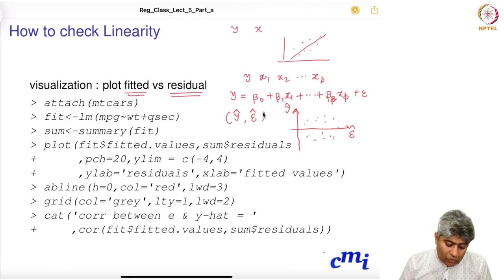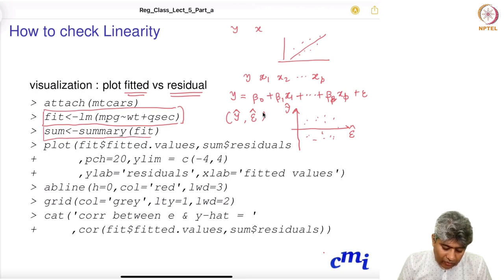So what we have done is first fit the model using the lm function, remember, and then we ask for the summary of the fit. From the fit we take the fitted values, and from the summary we take the residual values.